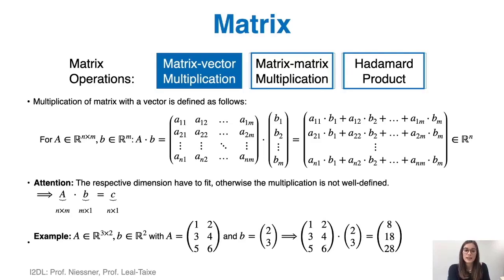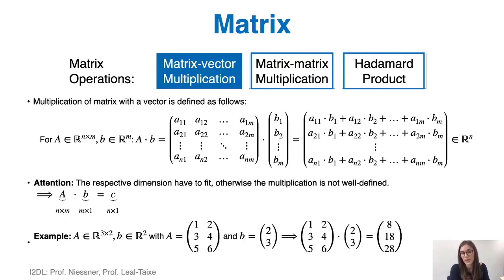So in our case, like you see it here on the second point, A is of dimension n times m, then our vector has to be of dimension m times 1, because the second dimension of our matrix has to be equal to the first dimension of our vector, otherwise it's not defined. And this is easily seen by the definition of the matrix vector multiplication. And as I said before, the outcome is a vector of dimension n times 1.